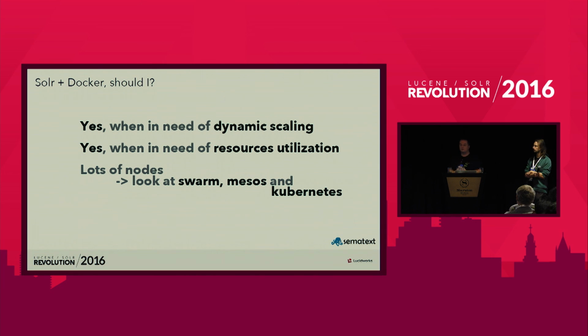If you need full resource utilization, then Docker is really great because you can plan and limit exactly what resources you want. Finally, if you have lots of nodes and you need to scale dynamically, look at Docker, look at containers, but probably with some additional tools, orchestration tools like Docker Swarm, Kubernetes from Google, or Apache Mesos, and they will give you a click-like experience to actually spin up hundreds of containers and manage them dynamically.